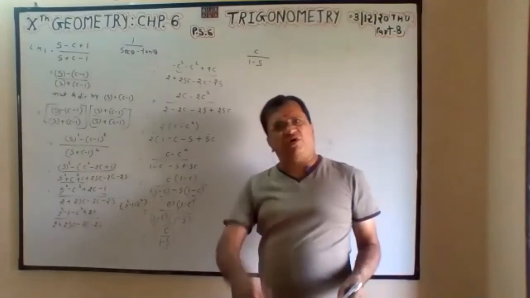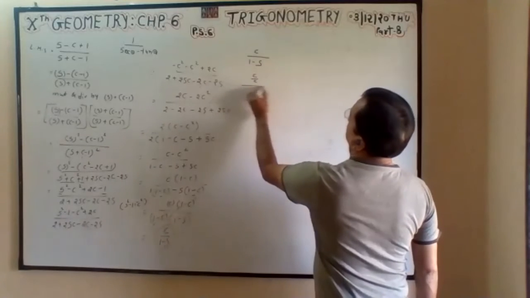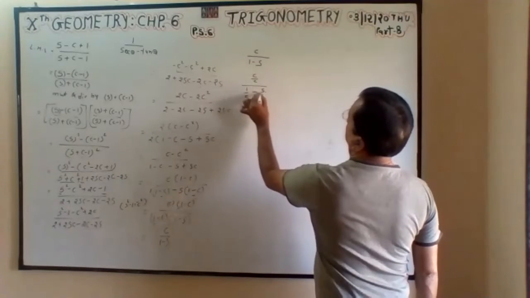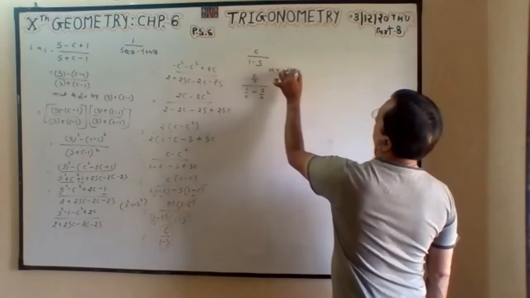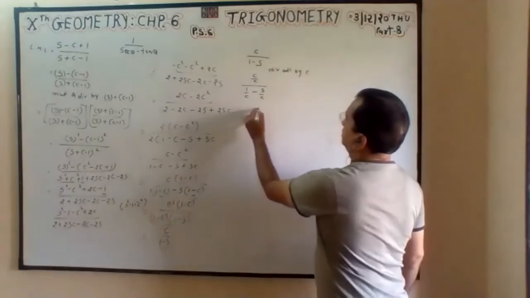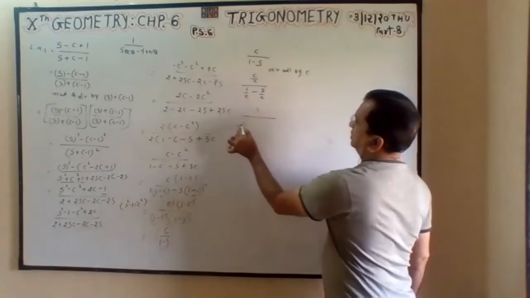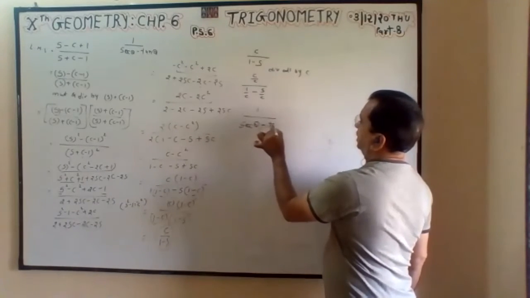Now in numerator we want only 1. Correct? So c by c, 1 by c, s by c. Divide all by c. So cos by cos is 1. 1 by cos is sec. Sin by cos is tan.